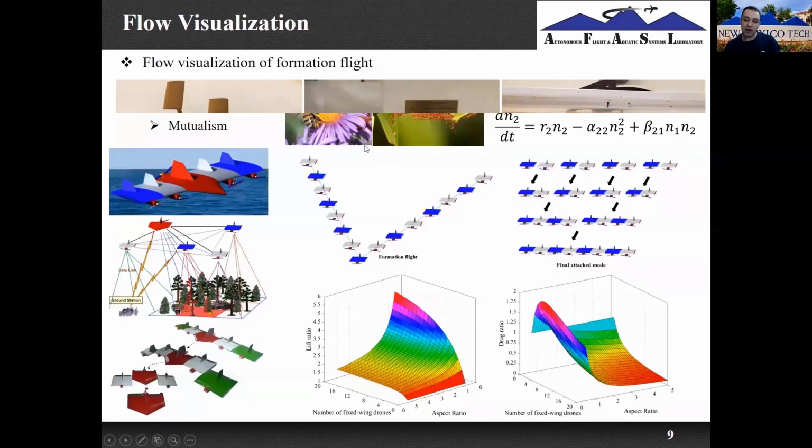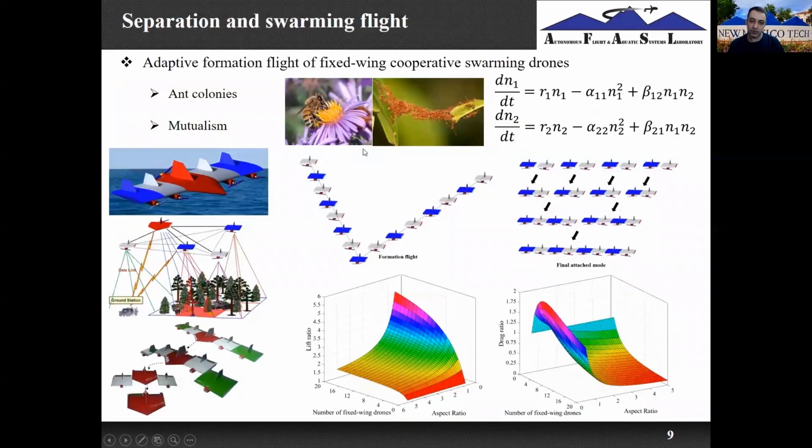Another concept for formation flight is that we can get inspiration from nature. There are animals, or different species, that work together in the air to take advantage of each other. For example, look at plants and insects like bees and flowers.